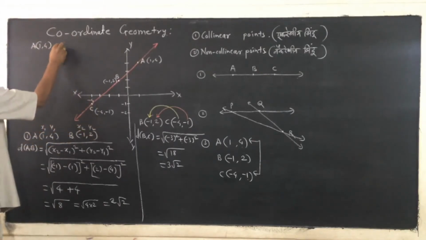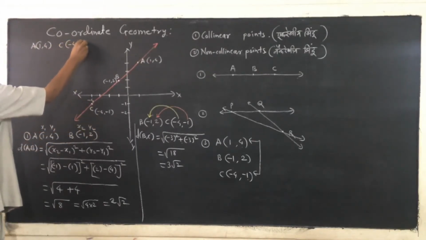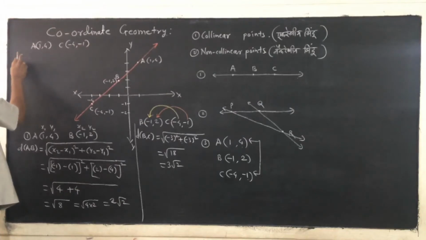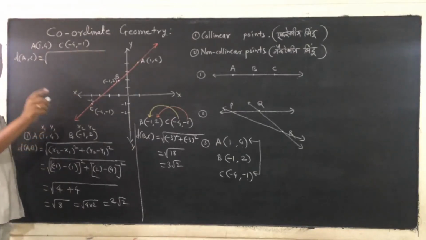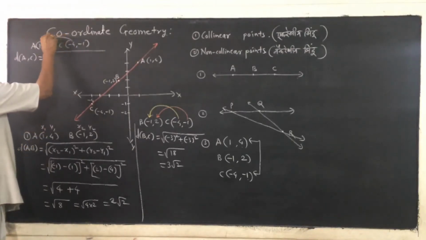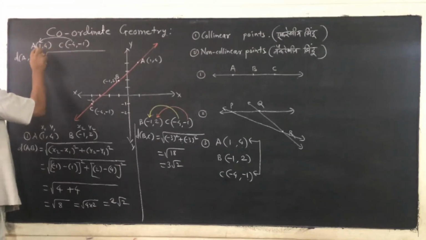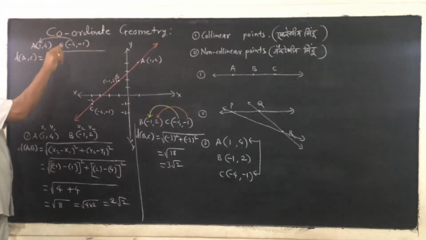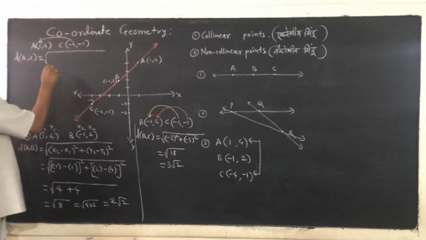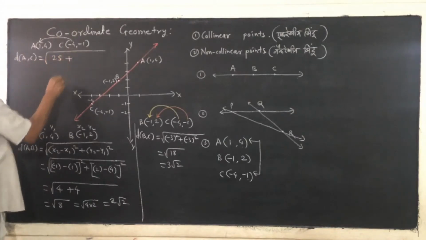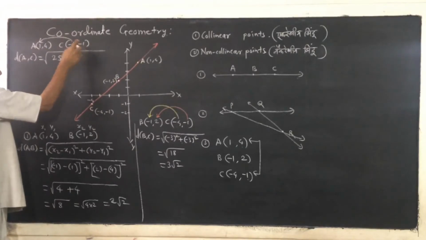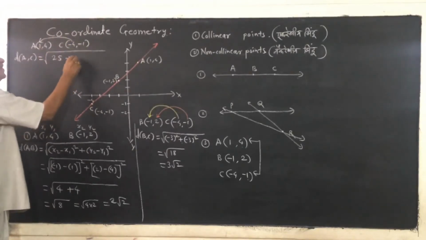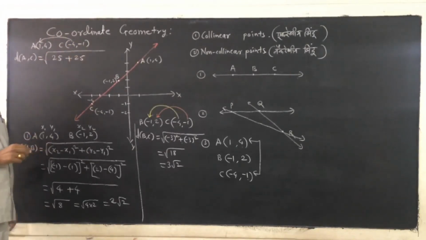C point is (-4, -1). So calculate distance AC by using the formula: under root (x2 minus x1) square, you can see that (-4 minus 1), -5 square, it is 25, plus (y2 minus y1) square, (-1 minus 4), -5 square, it is 25.